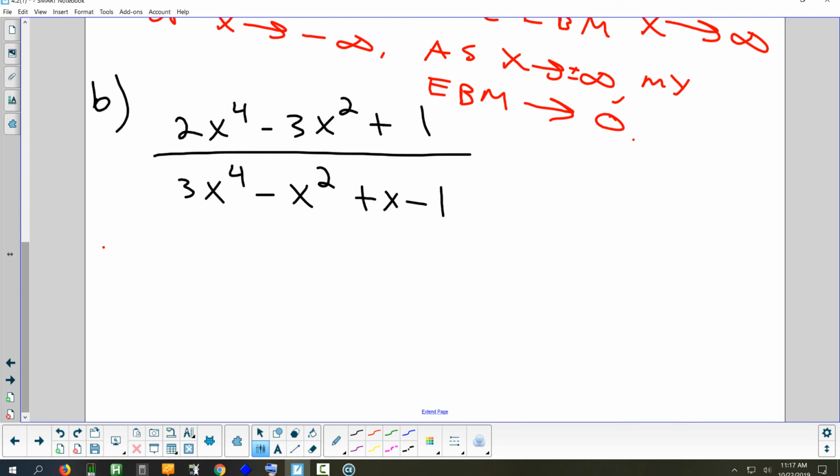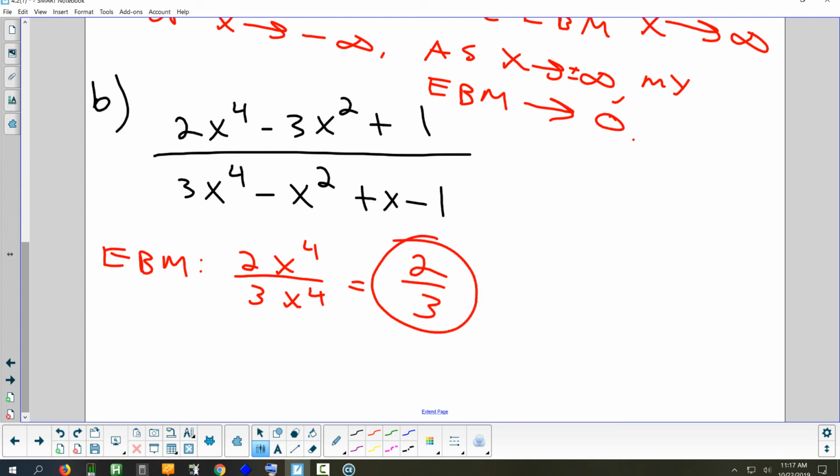Okay, what's my end behavior model here? 2 over 3. Yeah, basically the variables are going to cancel out. You had 4 x's in the top, you had 4 x's in the bottom, and you're left with 2/3.